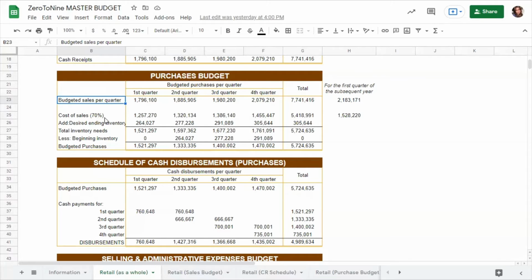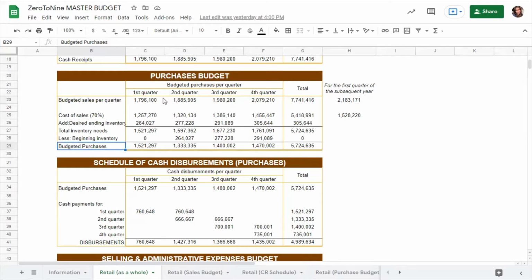From that, we can determine our cost of sales, which is 70% of our budgeted sales per quarter, since we assume that our gross profit rate on sales is 30%. We add our desired ending inventory, which is 20% of our next quarter's cost of sales. Thus, we'll get our total inventory needs. We deduct from that whatever beginning inventory we have at hand to get our budgeted purchases.